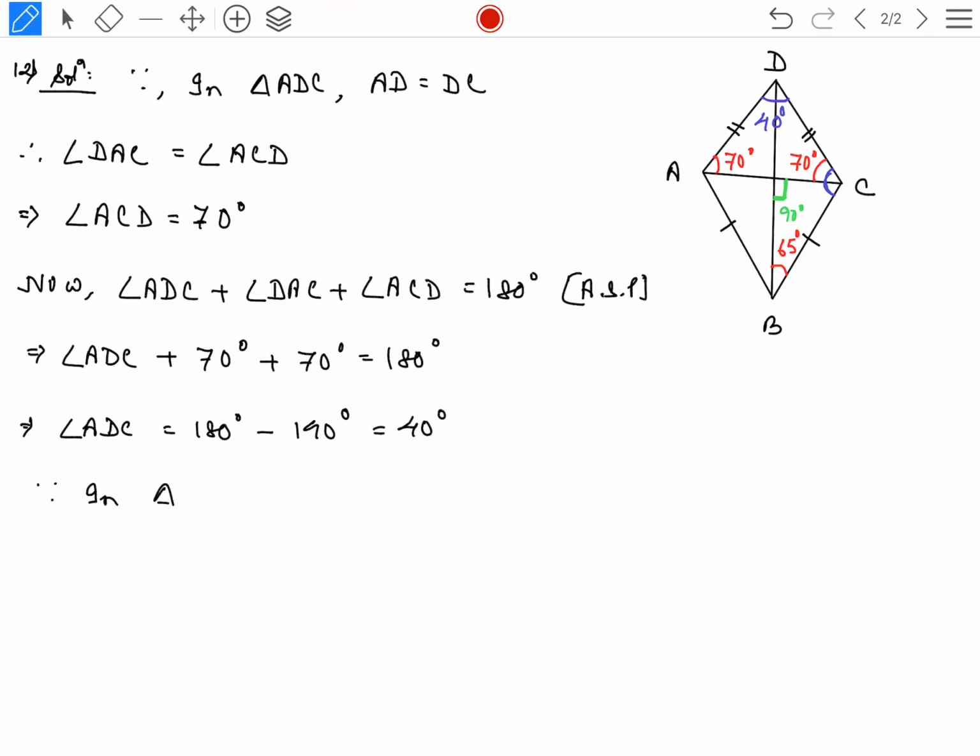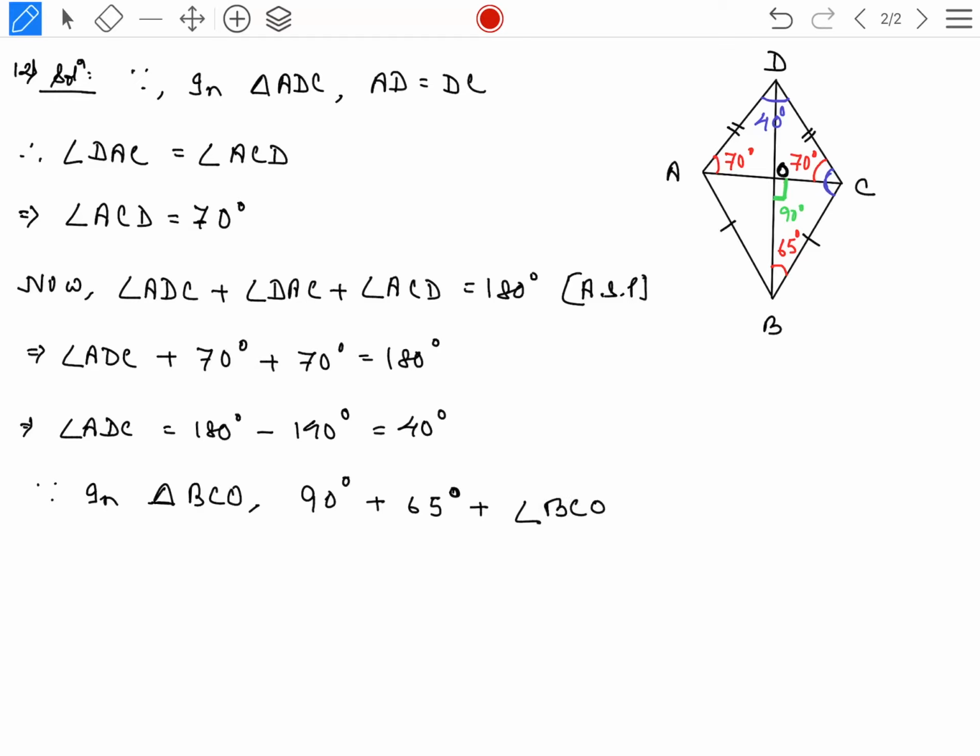Since, in triangle, let the intersection be, suppose, O. Okay, suppose the diagonals are intersecting at point O. Okay, so therefore in triangle BCO, in BCO what you can write? 90 degree plus 65 degree plus angle BCO.